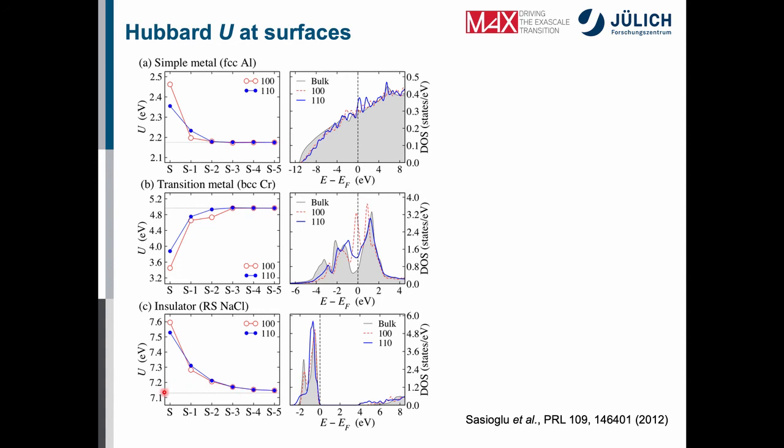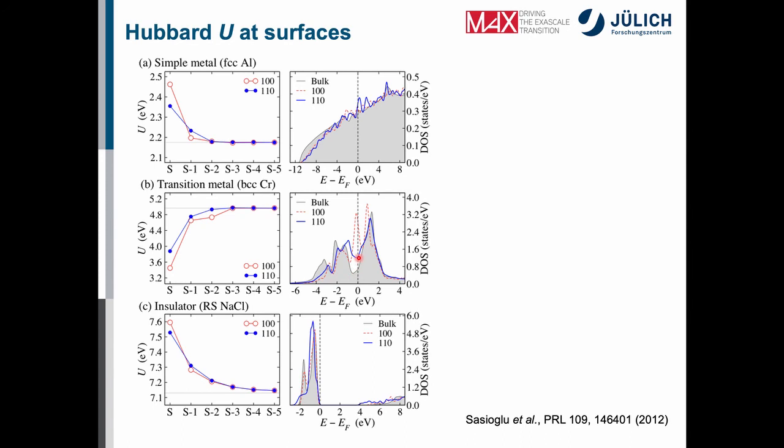However, this qualitative behavior is not a general rule. For example, for BCC chromium, we see the opposite behavior. The Hubbard U parameter at the surface is smaller than the bulk value. This is caused by the presence of surface states that, in the case of the 100 surface termination, even produces a peak in the density of states where the bulk shows a minimum.